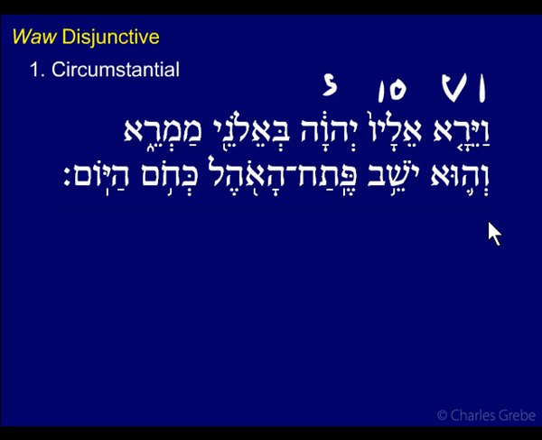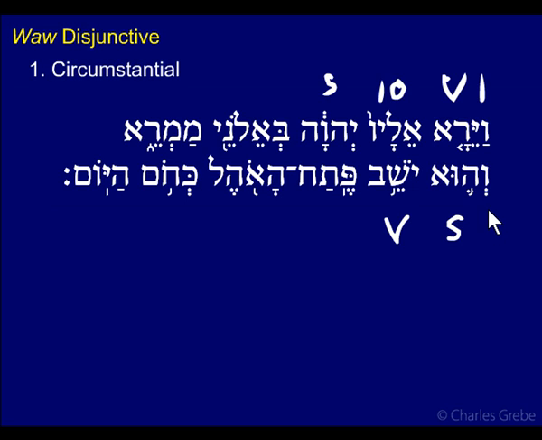V'hu yoshev, so we have a Waw. Now, I won't translate this for a moment, but here's our subject as a pronoun, he, and here's our verb. He was sitting at the entrance of the tent, presumably his tent, as the day was getting hot.